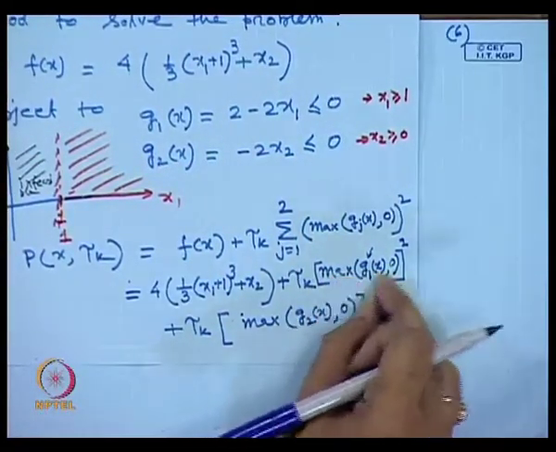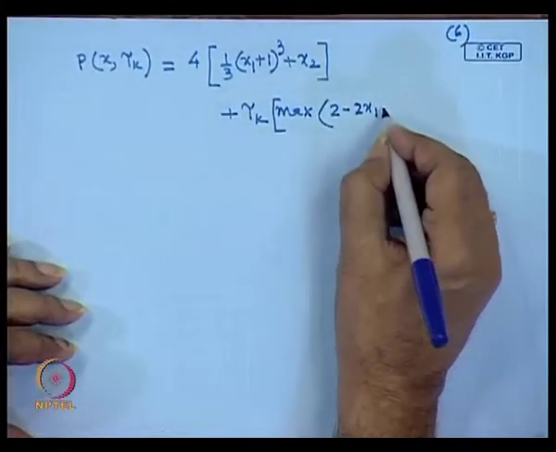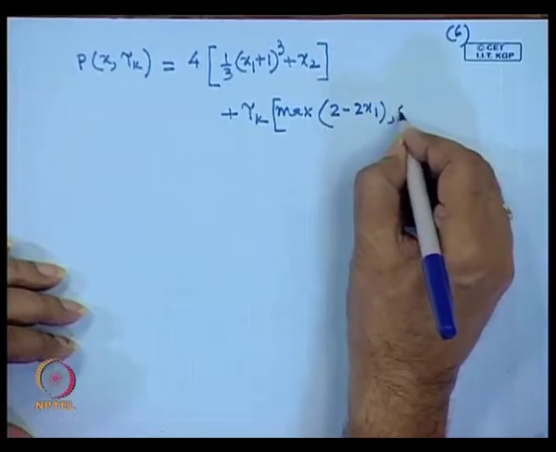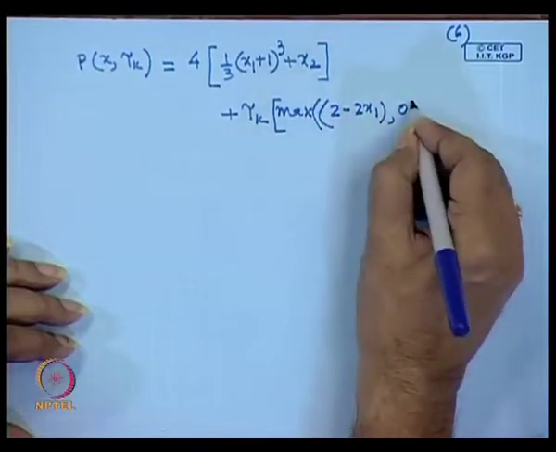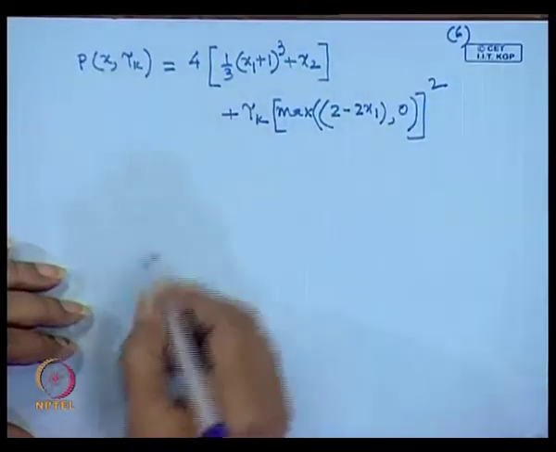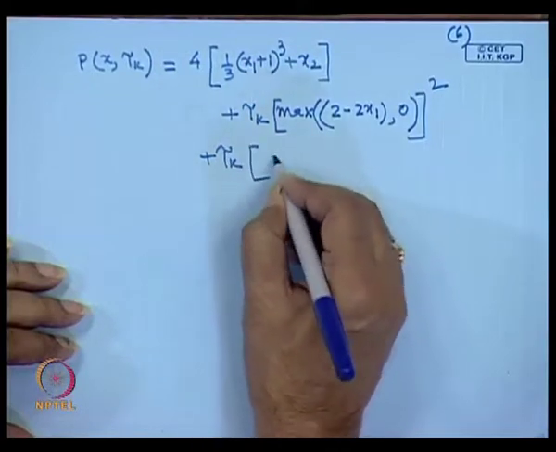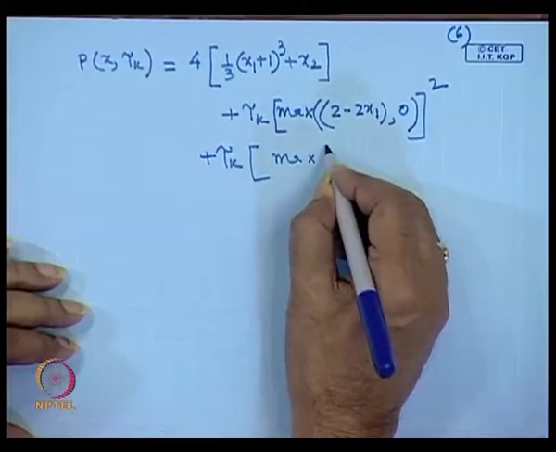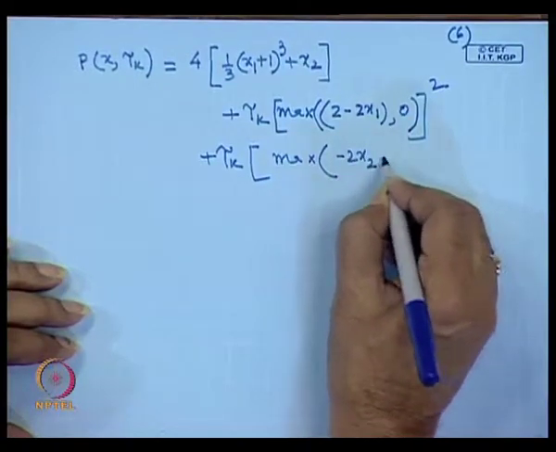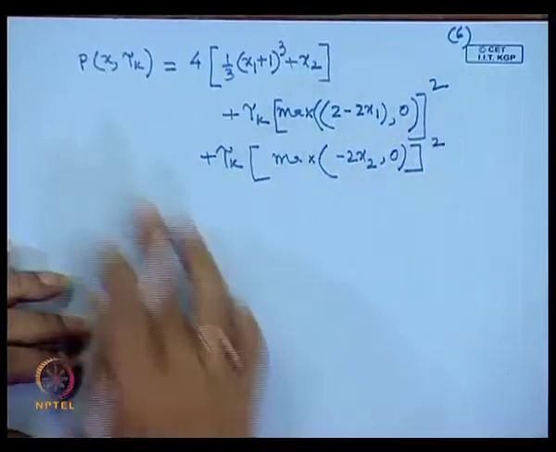So, the maximum of this will be the g_1 value. Max of this comma 0, whichever is maximum, then squared, plus tau_k max of minus 2x2, 0, then squared.